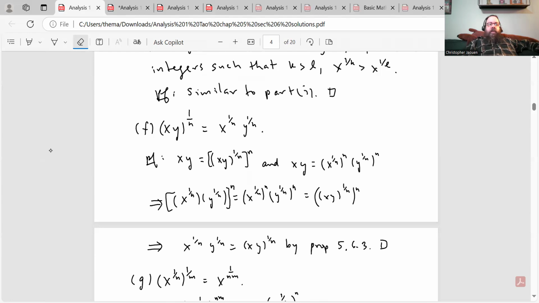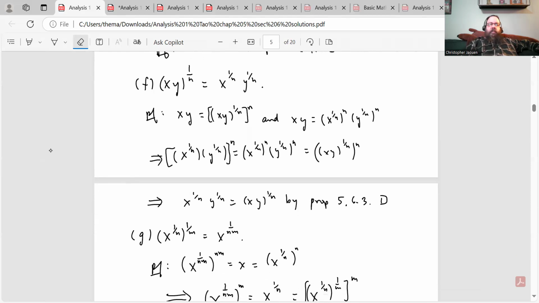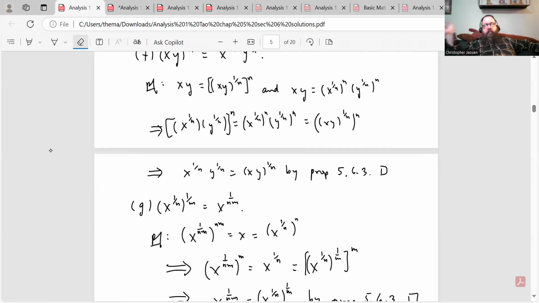And that implies that (x to the 1 over n times y to the 1 over n), all raised to the nth power, equals (x to the 1 over n) to the n times (y to the 1 over n) to the n, which is equal to ((xy) to the 1 over n) to the n. And that implies that x to the 1 over n times y to the 1 over n is equal to (xy) to the 1 over n by proposition 5.6.3. That's from the summary for section 5.6.